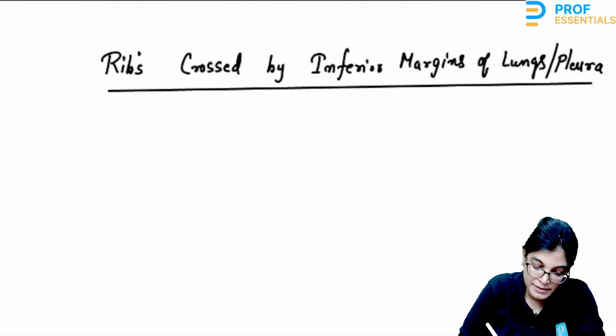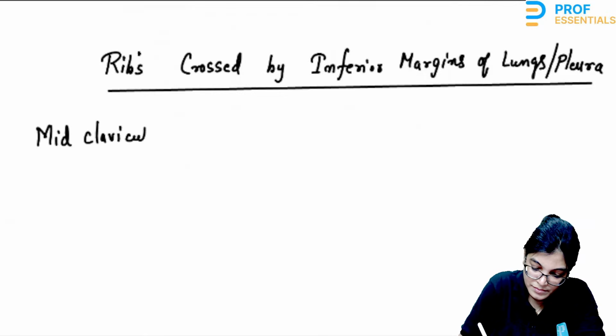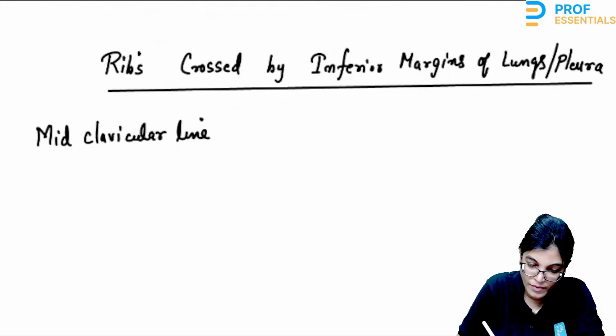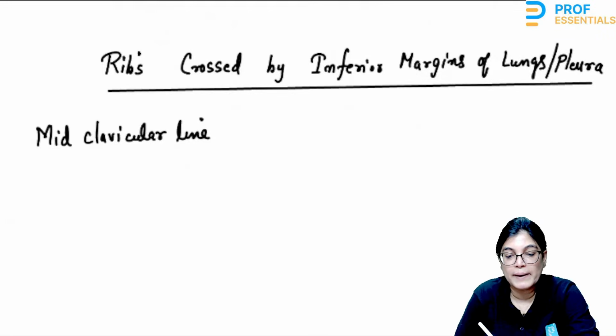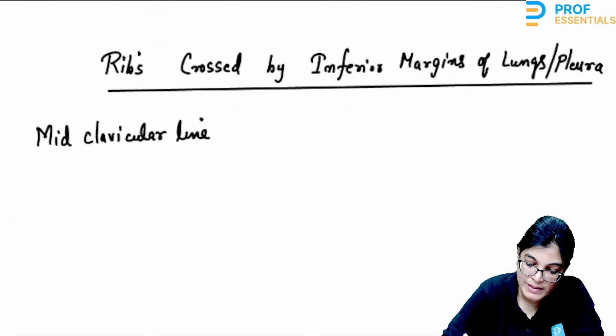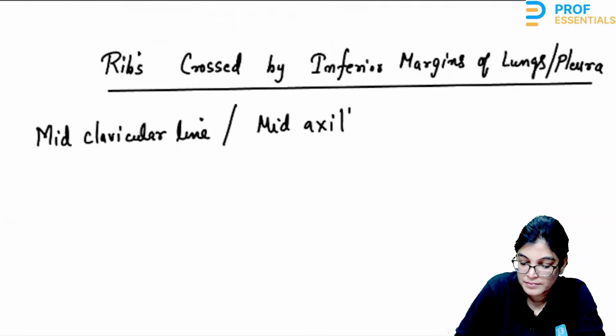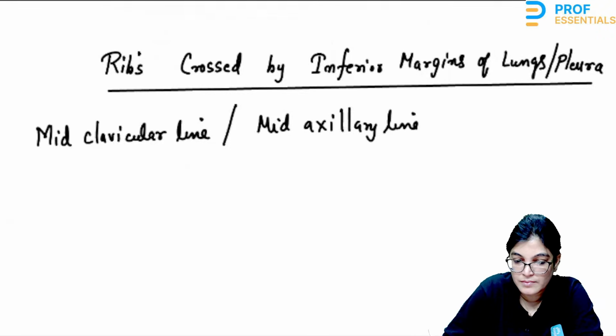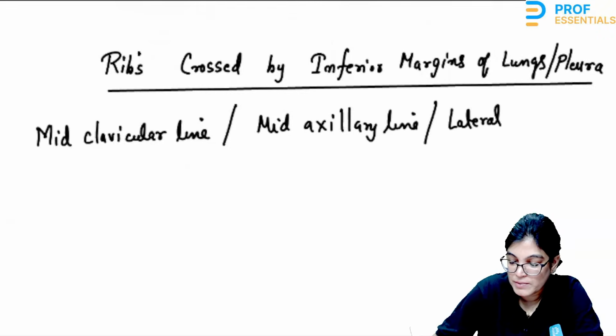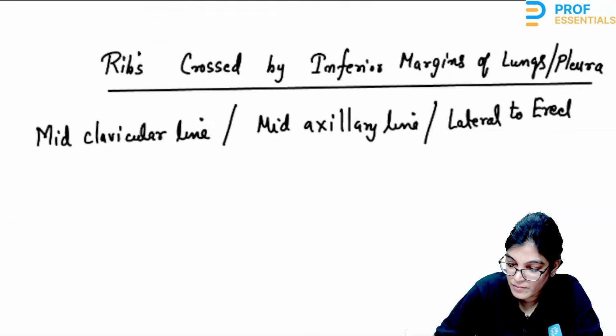So here you can see on one side the mid clavicular line. So you can just write in mid clavicular, mid axillary, and lateral to erector spinae muscle.